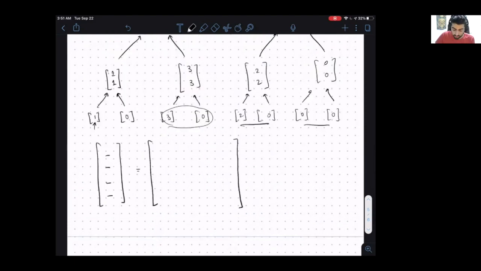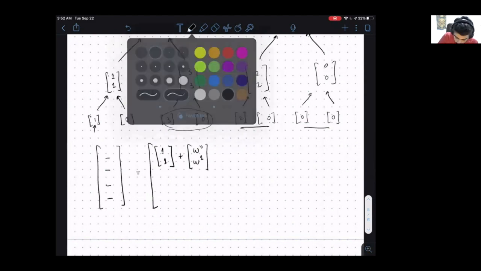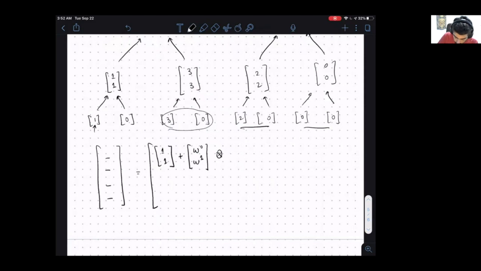On the top half, we're taking the left subproblem, 1, 1, and we're adding it with this vector of constants that we're then pairwise multiplying with the right subproblem, which is 3, 3.